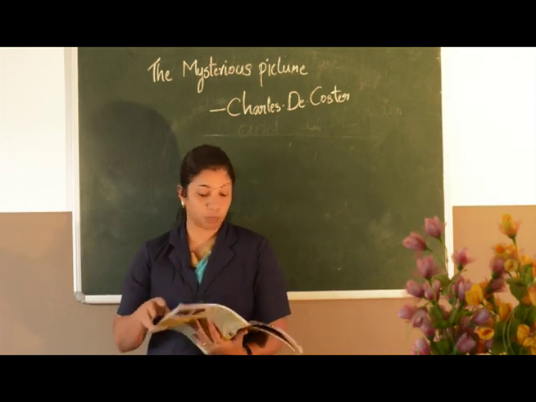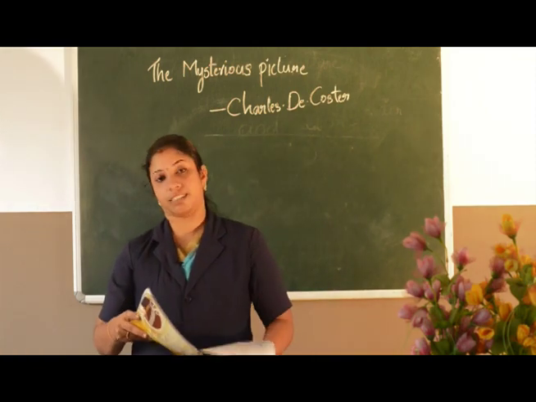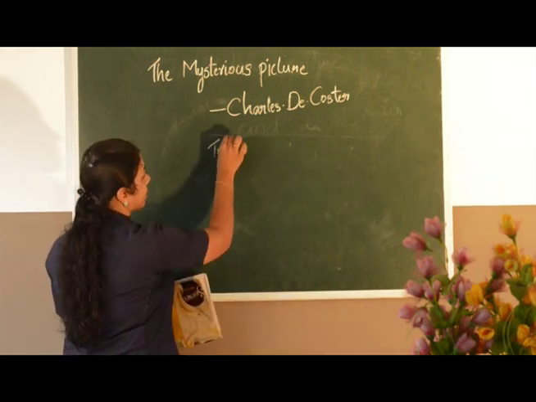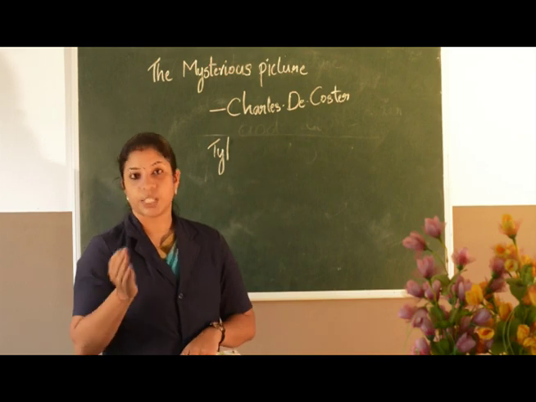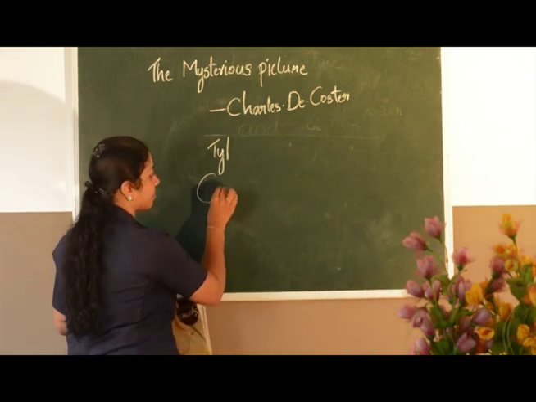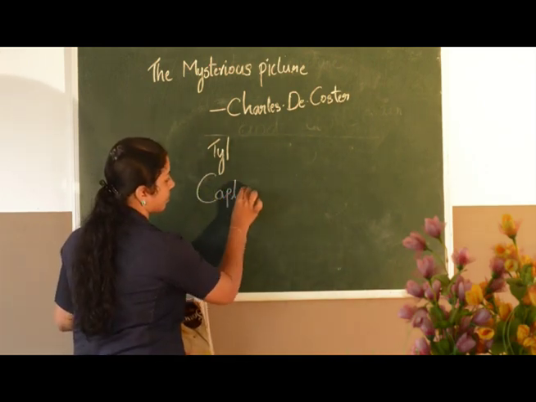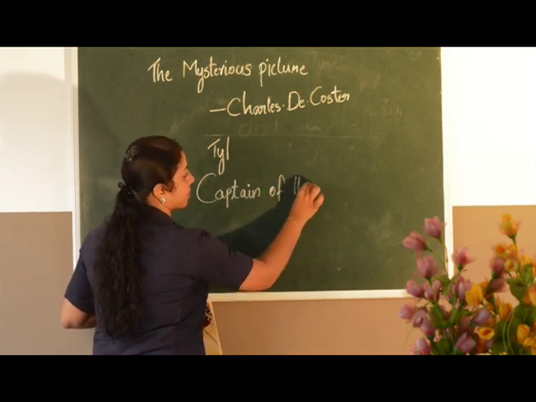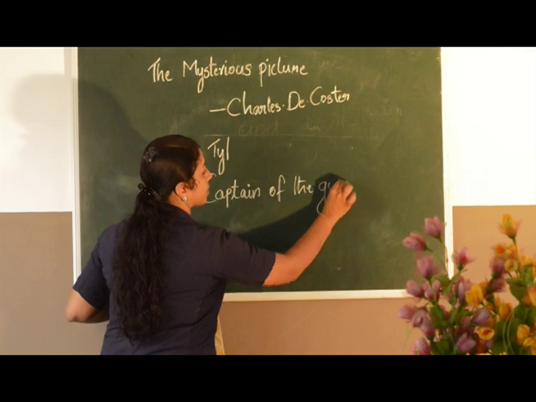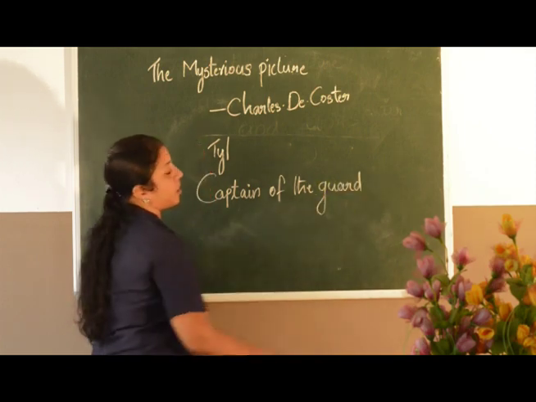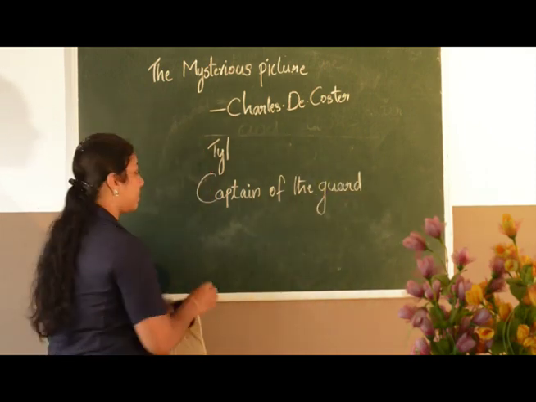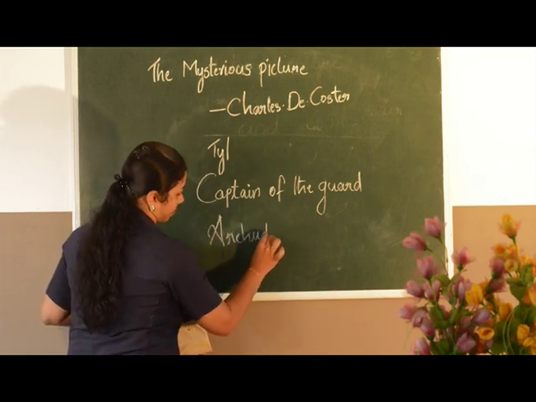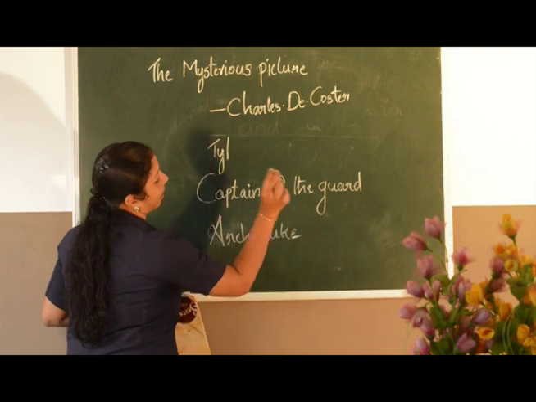Before that, once again we can remember the characters. Our first character, Till, our second character, the Captain of the Guard, and our third character, the Archduke.